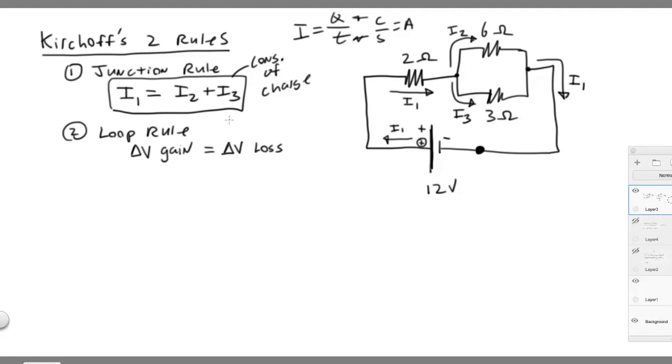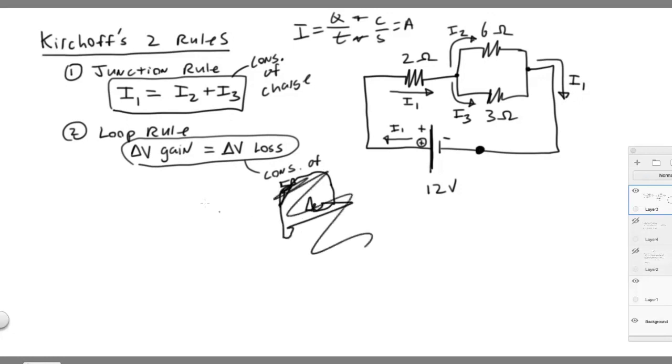This is a statement of conservation. So this idea, voltage gain equals voltage loss, is conservation of energy. Because the fundamental definition of voltage is change in potential energy per charge.